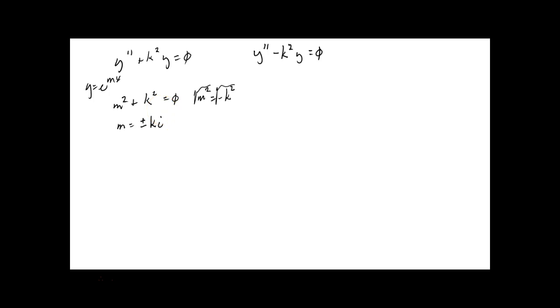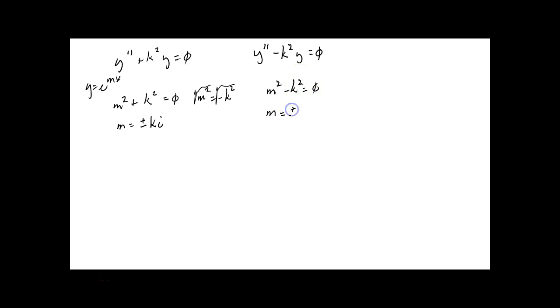How about on the other side? M squared minus k squared equals 0. What does that give you? Why do you need an i?